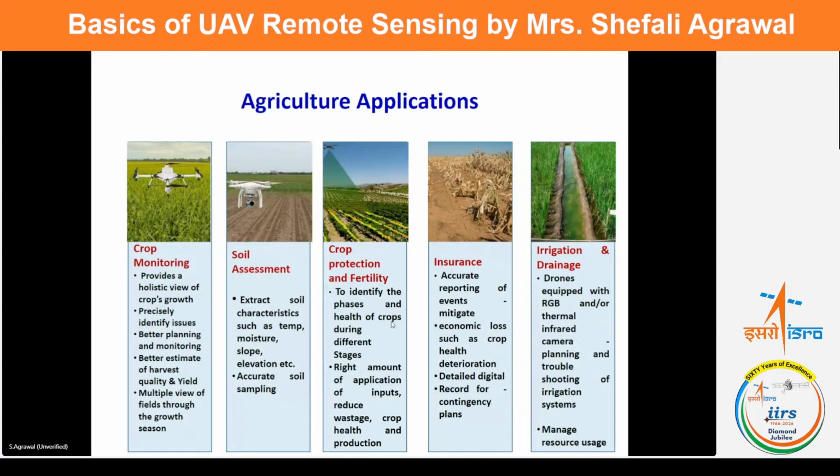Then in soil assessment, drones can create very high resolution digital elevation models and slope maps, which guide the land preparation. Thermal sensors on board the drones can identify soil moisture variability, supporting precision irrigation planning.